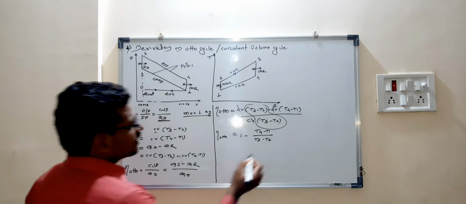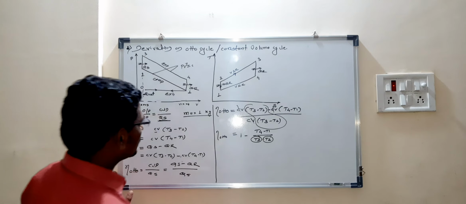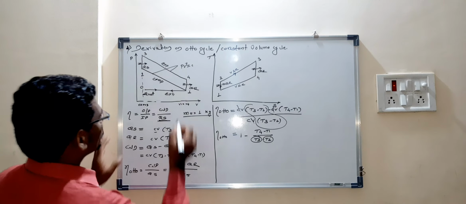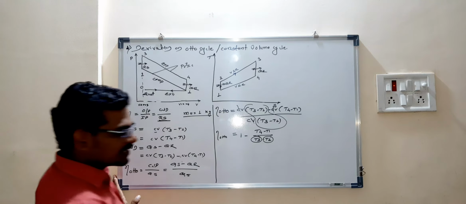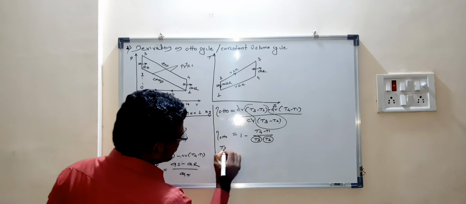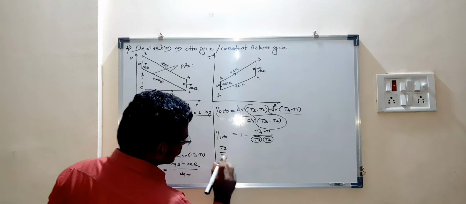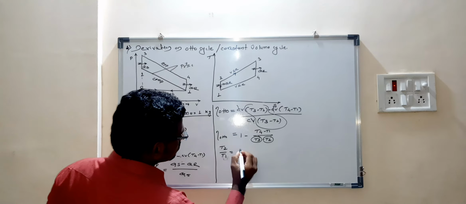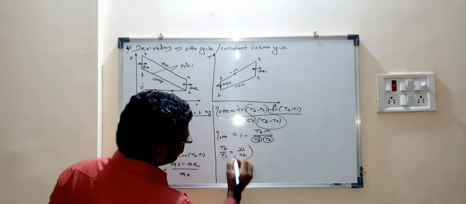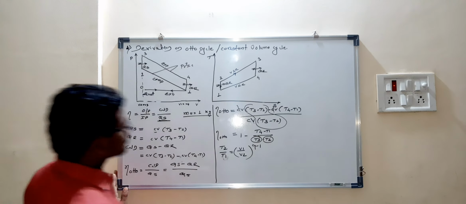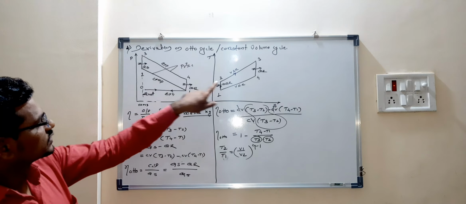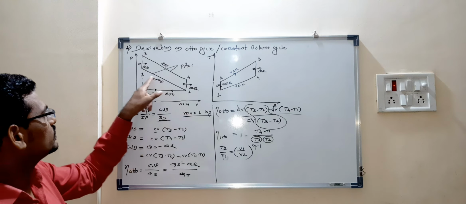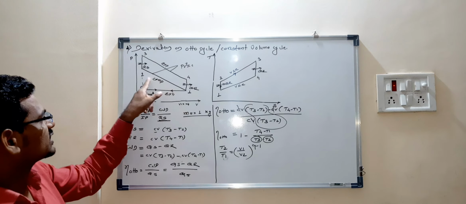Now find out the value of T2 and T3. We can find the value of T2 from process 1 to 2, because process 1 to 2 is the adiabatic compression process. So T2 by T1 is equal to (V1 by V2) raised to the power gamma minus 1, because 1 to 2 is the compression process and it takes place adiabatically.